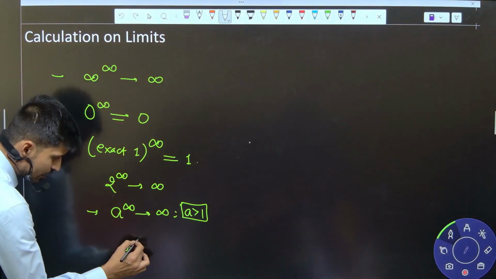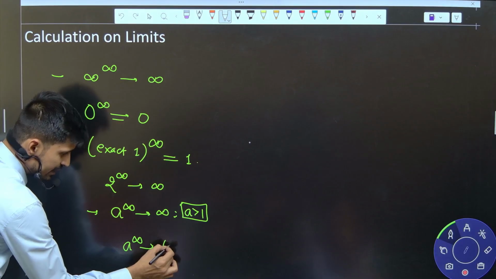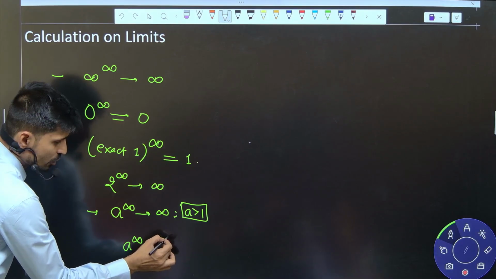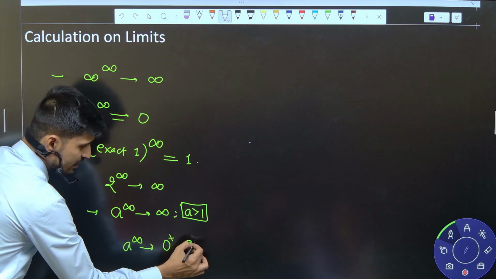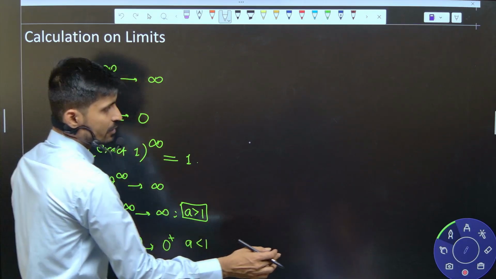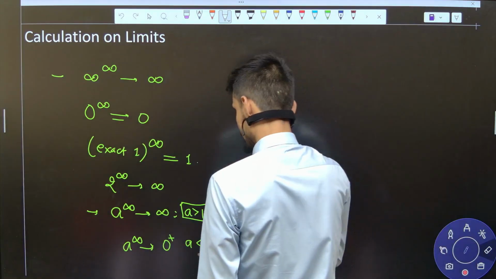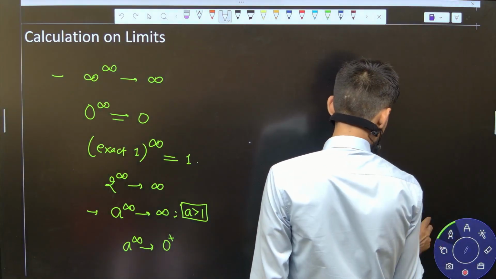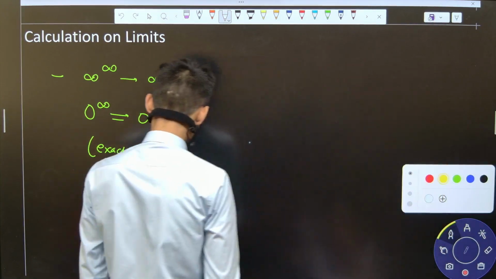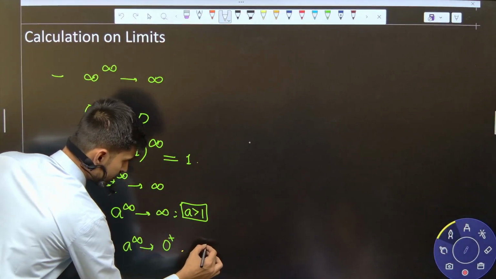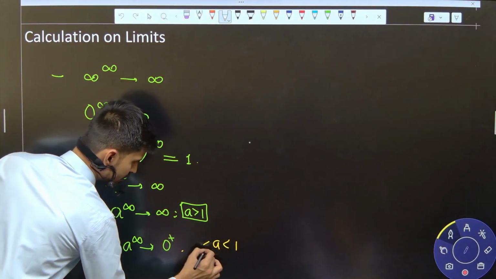And a raised to infinity will be 0, meaning 0 plus, when a is lying between 0 and 1, that is, a is less than 1 and greater than 0.